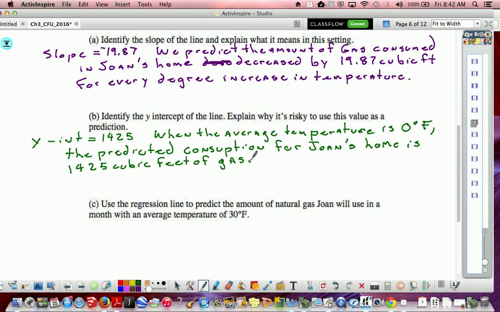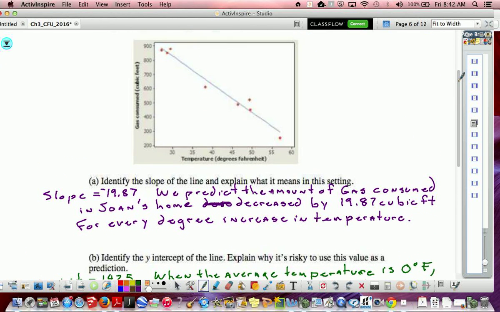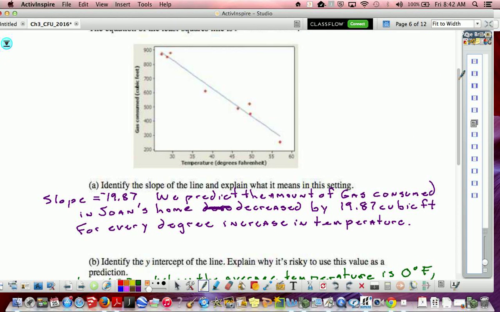Okay. So now it says explain why this is risky to use this value as a prediction. Well, if you go up to the graph, the data points that we actually have only run from, it looks like, about 15 degrees to about 50, not even that much since this is 30. So it actually, and it's counting by 5s there, so it actually only runs from about 27 degrees to about 57 degrees.